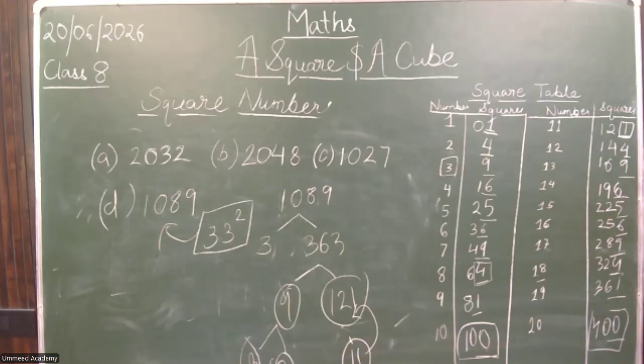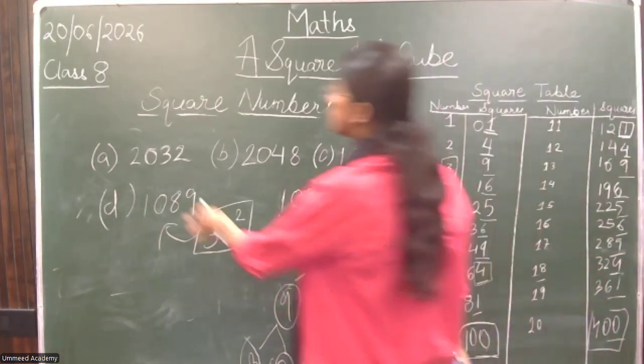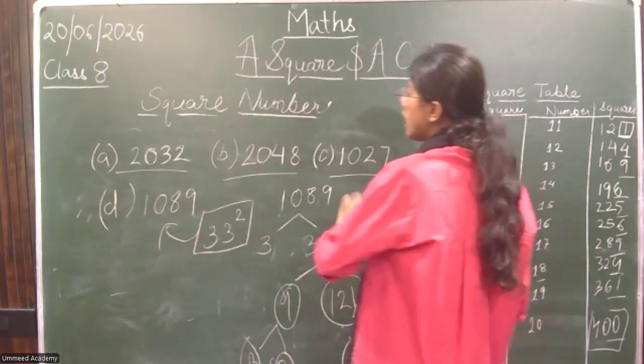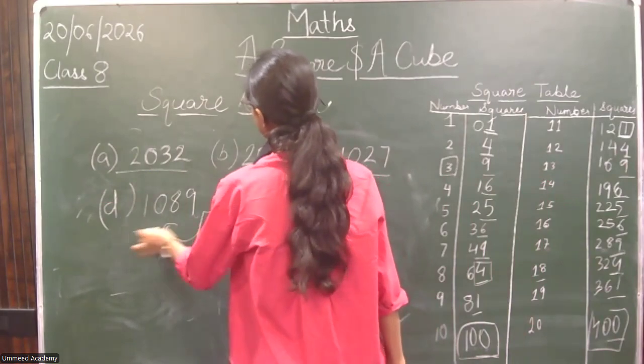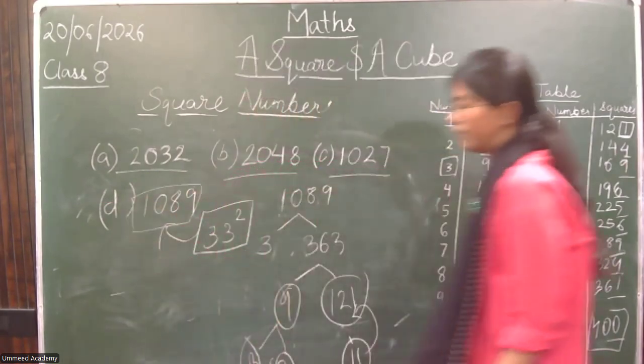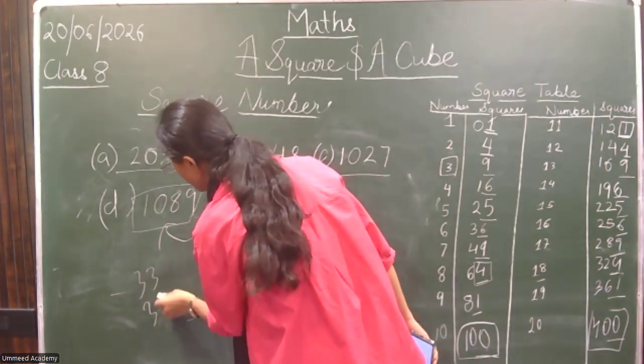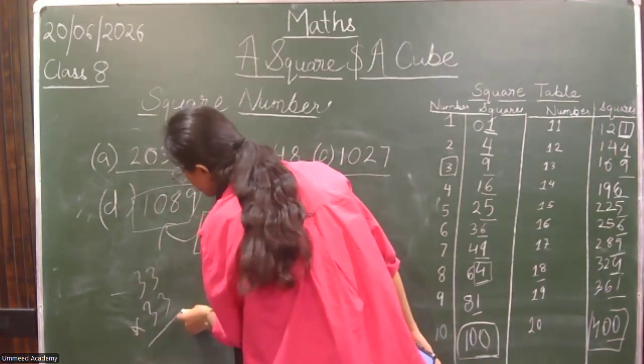So you are getting how we are solving the perfect square wala thing? Yes, ma'am. Okay. So by this we are clear that 2032, 2048, 1027 are not perfect squares, whereas 1089 is a perfect square. 33 into 33, are we getting 1089?